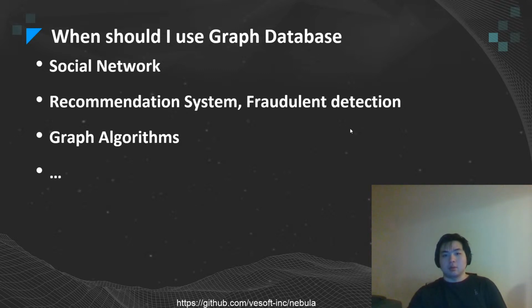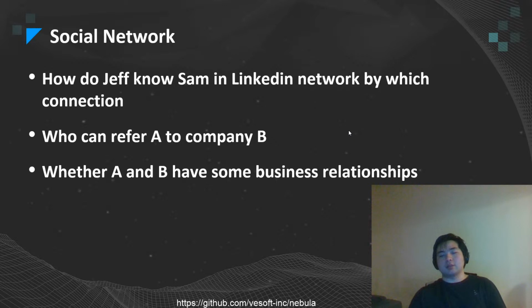For the social network part, you have links, and if you want to find other people, maybe your third connection or second connection, you may build a path from you to your connections, and from your connections find their connections, recursively finding the relationship between you and another person.